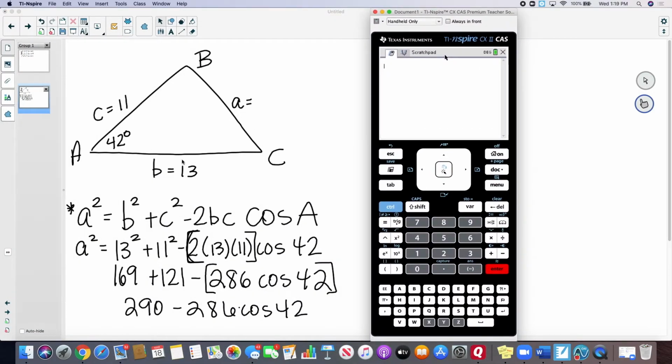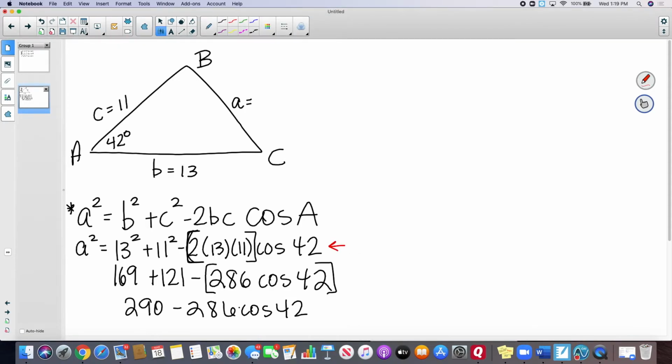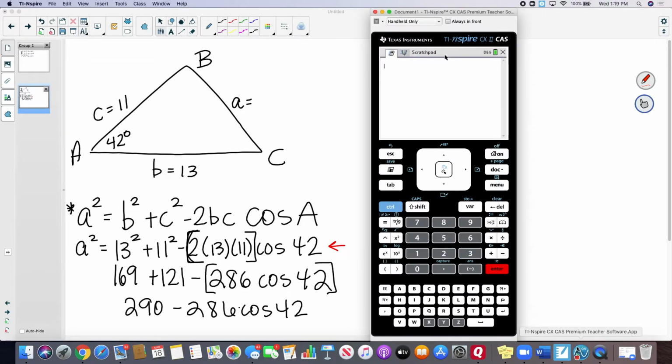If you want to go back to right here, you can type all of that in at one time. You can type in 13 squared plus 11 squared minus 2 times 13 times 11.